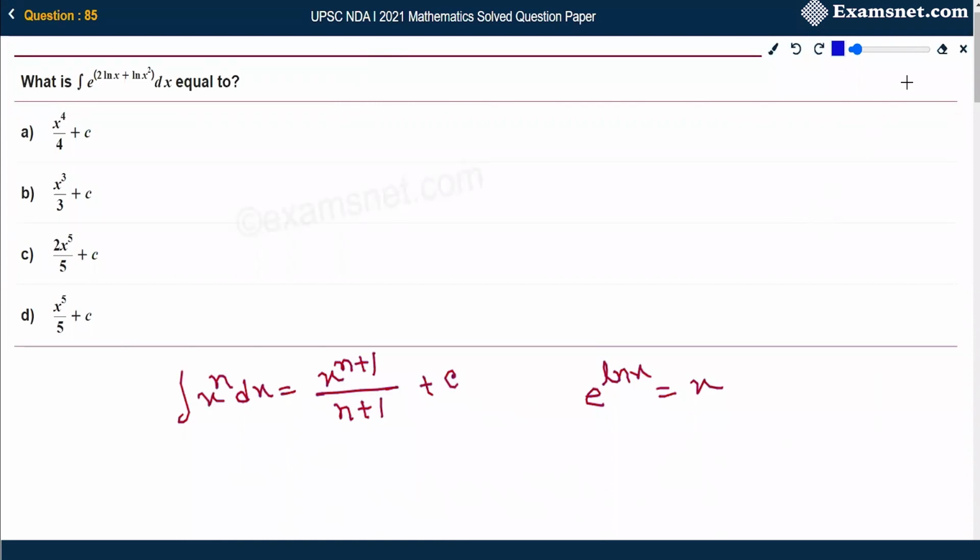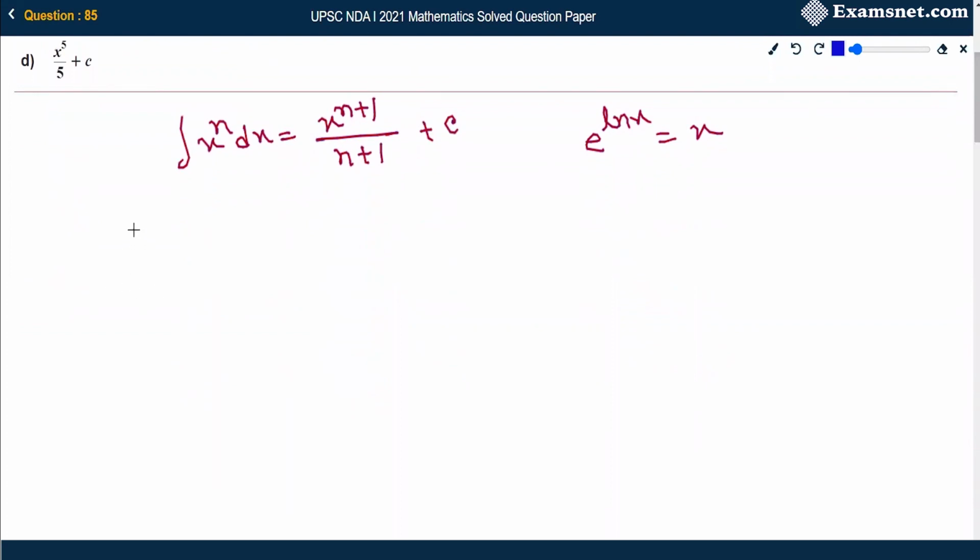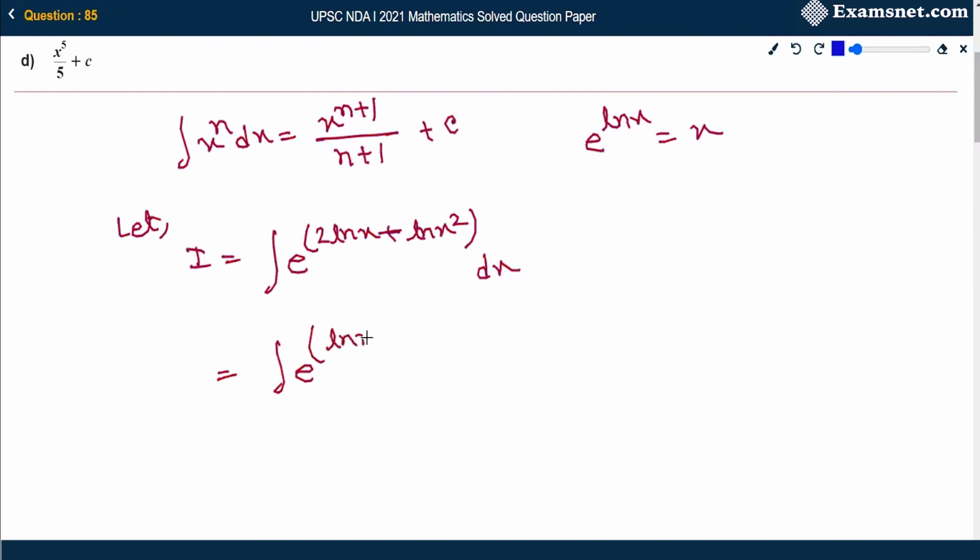So here we can refer to the given expression as I. Let I equal the integration of e to the power 2 ln x plus ln x square, dx. So this becomes e to the power 2 ln x square plus ln x square dx.